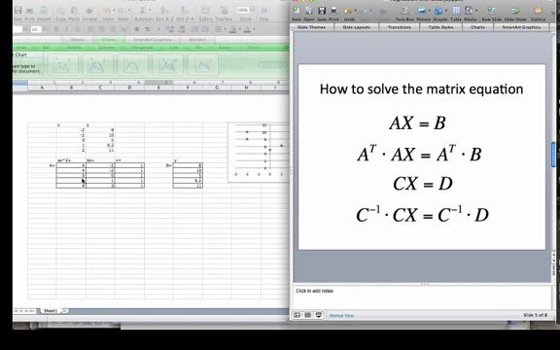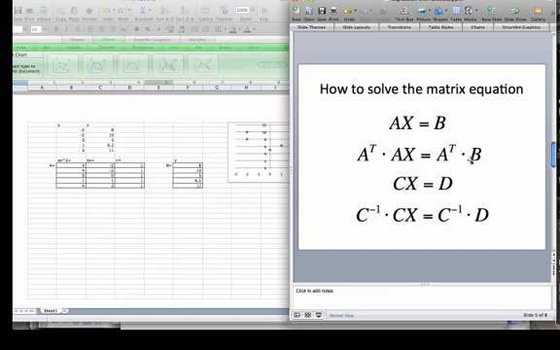And the way I square it up is by multiplying by the transpose on both sides of the equation. So I'll need to find the transpose of A. I'll use Excel to do that. And then I'll multiply the transpose on both sides of the equation. When I multiply A transpose times A, I'll get a new matrix. That is a square matrix, and I'm going to call that matrix C.